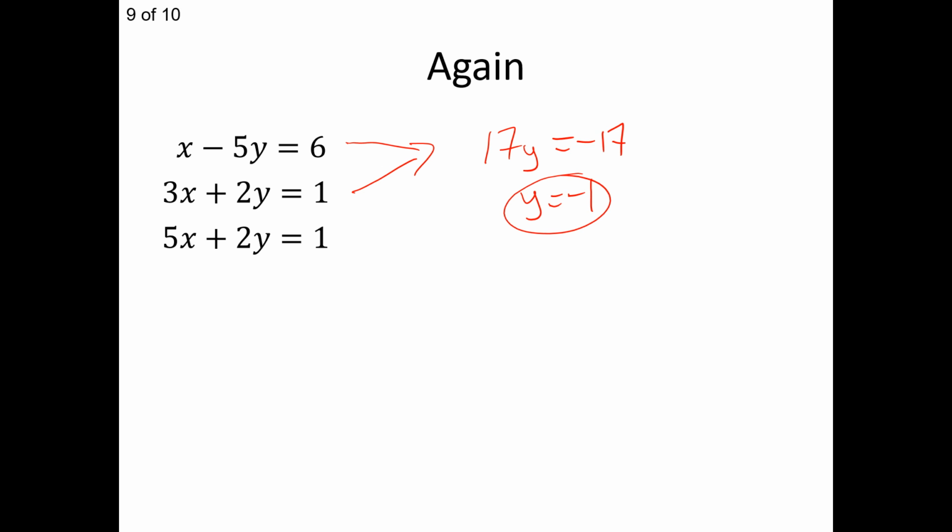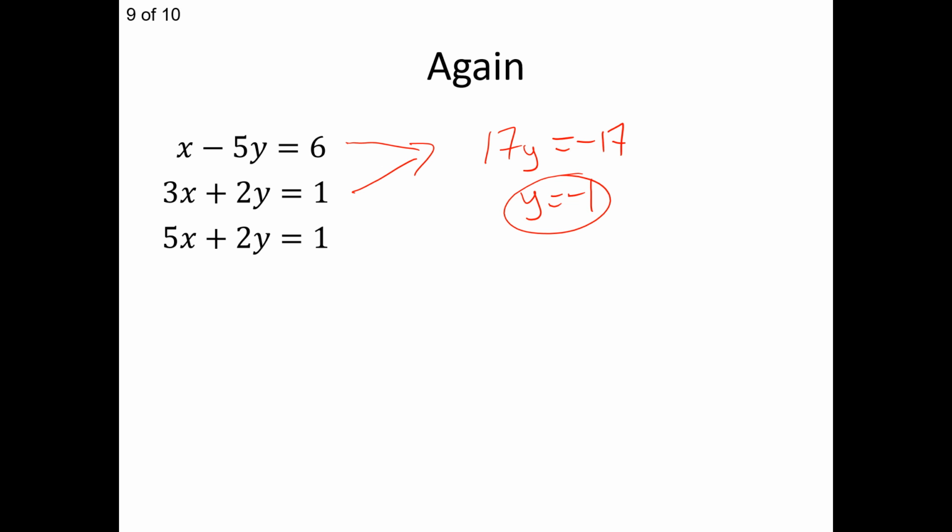So we know what our y value has to be. What we're going to have to do is make sure we can actually get the same x value. Because if I plug -1 in for y, then I should get the same x value for all 3, and this would then give me my proper solution.